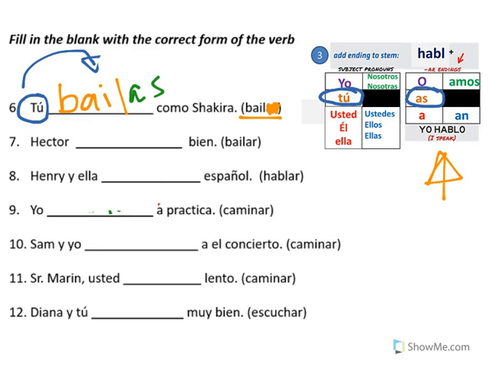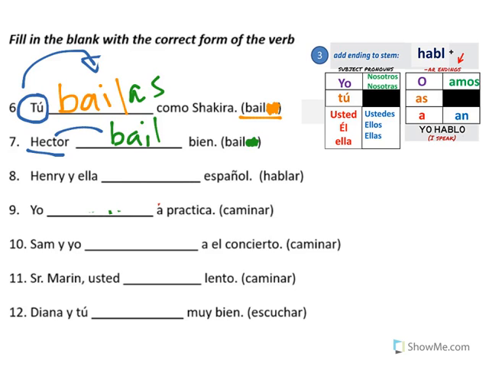Number 7. Héctor blank bien. The word again in parentheses, and we're always going to give you this in Spanish. We're always going to give you the word, the infinitive or the basic. So Héctor dances well. Okay, so Héctor is doing that. We're going to write everything but the AR. Bam. And now we just need to find it on this chart.